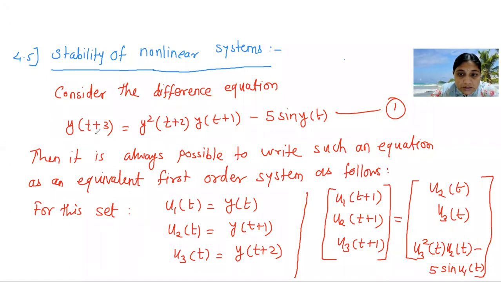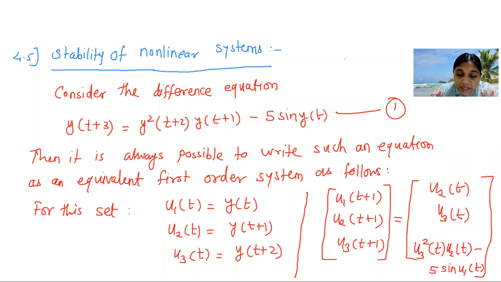Can you see this? And what is u3 square t? It is y square at t plus 2. And u2 t is my y at t plus 1. Is it right?